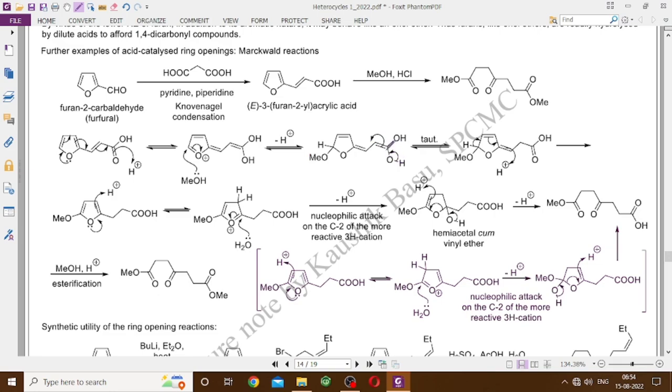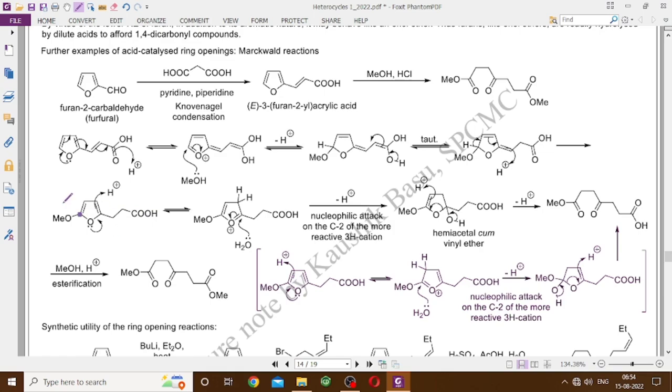That immediately re-establishes the carbon-oxygen double bond, because that is thermodynamically more stable. So now you have the acetal linkage, and the carboxylic acid firmly established here, and we have a conjugated carbon-carbon double bond system here. So now aromatization takes place. So now you have a situation where you have included a methoxy group at one of the alpha positions, and you have managed to get rid of the double bond here.